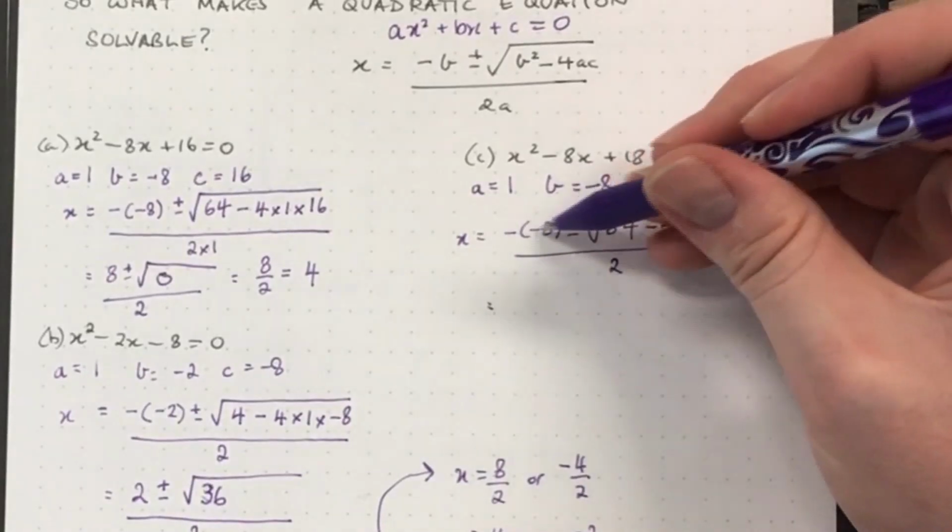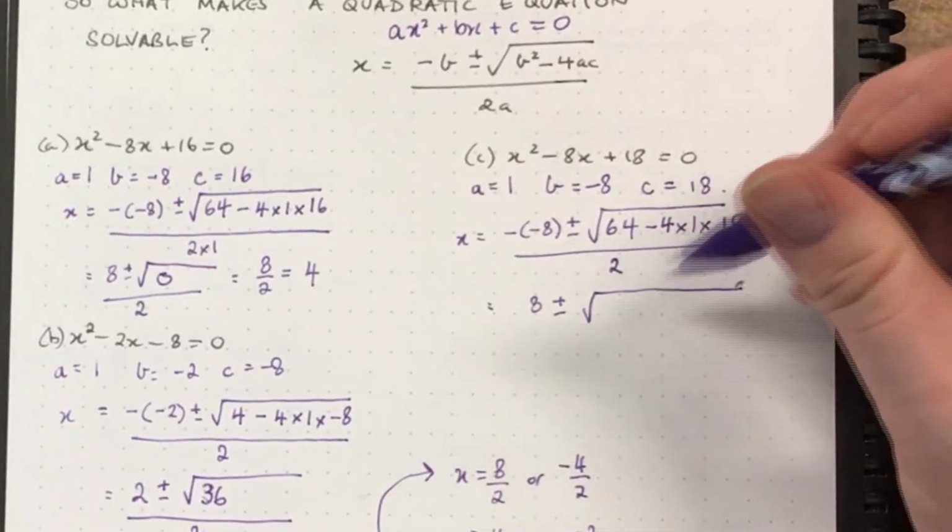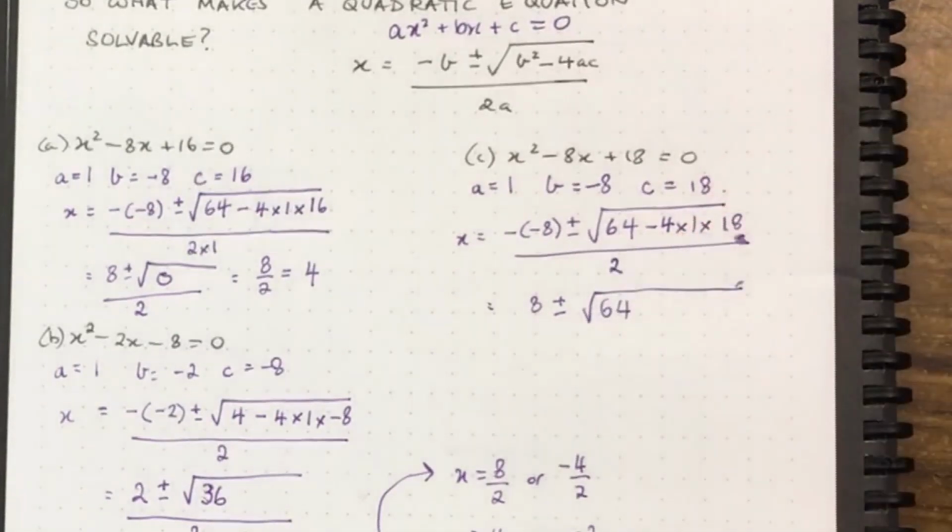And so minus negative 8 will be positive 8. 4 times 18 would be what? What's 2 times 18? 36. So it's 36 times 2? 72.